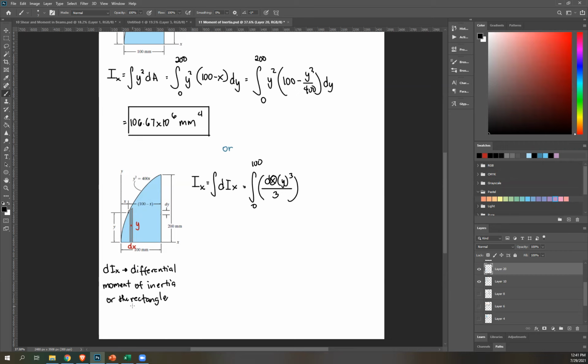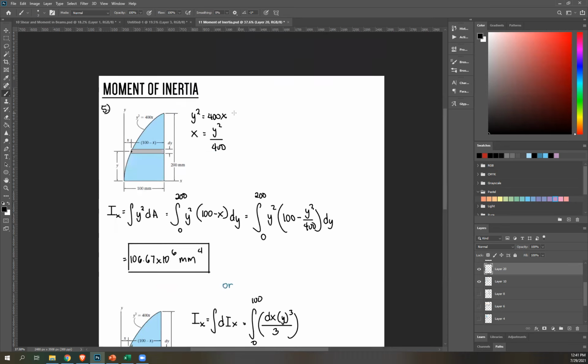So once again, my differential is in terms of x. I have a variable y, so I need to change that. Integral of, so y, I'm gonna just factor out 1/3. 1/3 y cubed dx, and then let's rewrite y cubed. So let's go here.